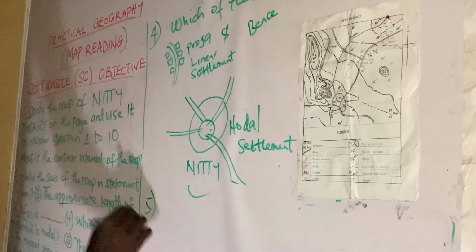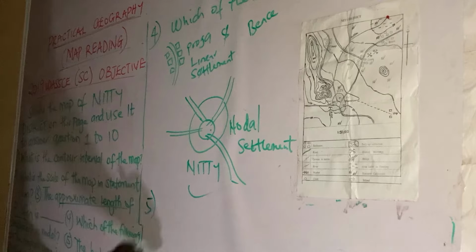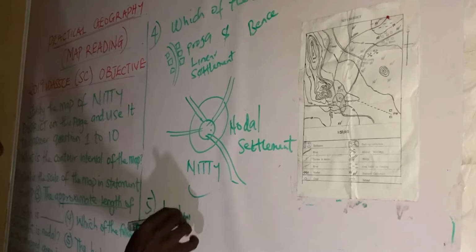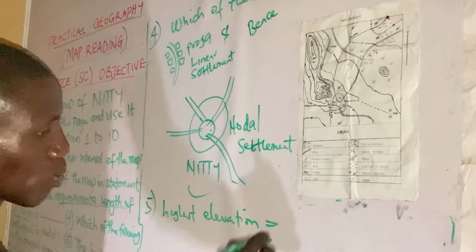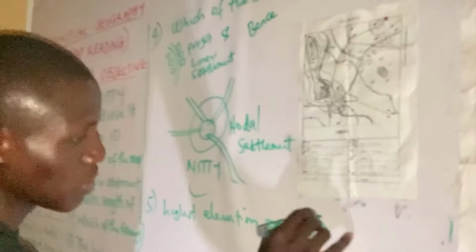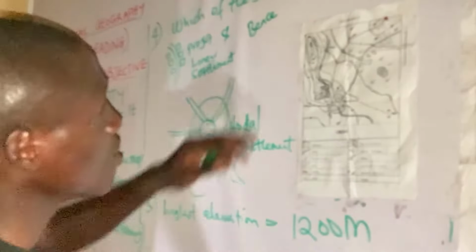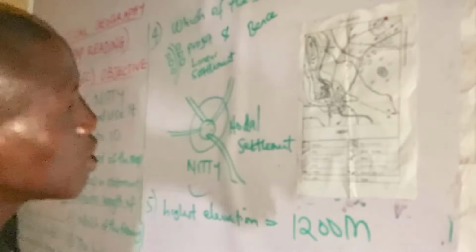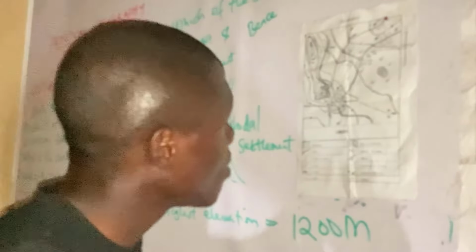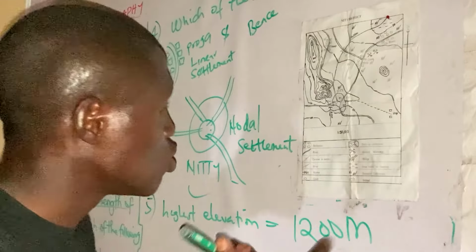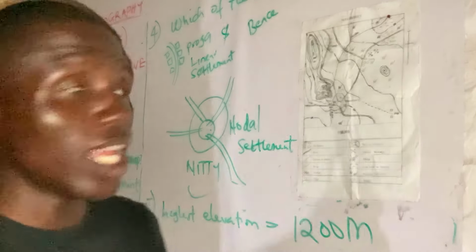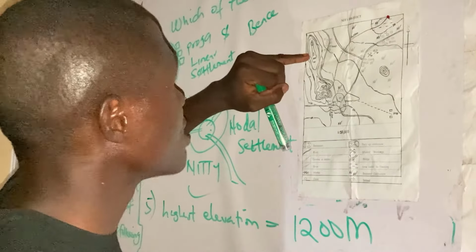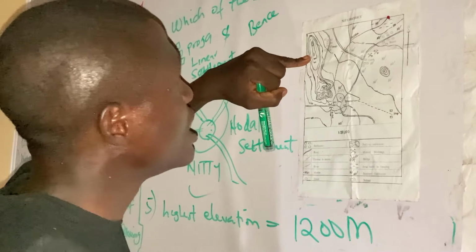Number 5. Let me just write it. The highest elevation is equal to 1,200 meters. Because the interval between the contour lines is 100, and the highest you can see that is visible here is 100.